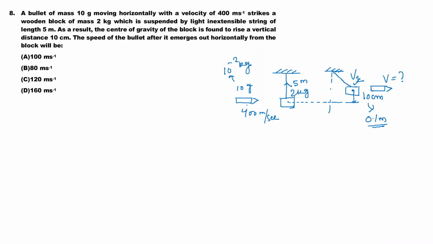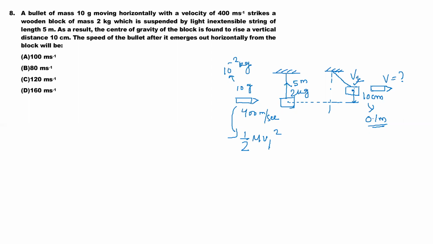That means here the block was at rest. The only energy is due to the bullet, that is half the mass of the bullet into v1 square. Initially, this had this much mass and this had this much mass. Then they moved together with some velocity.